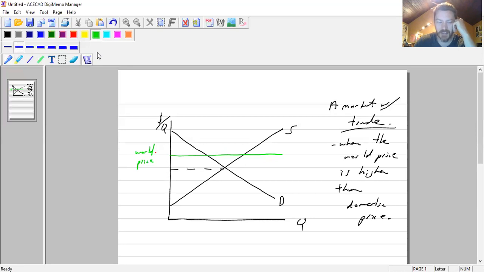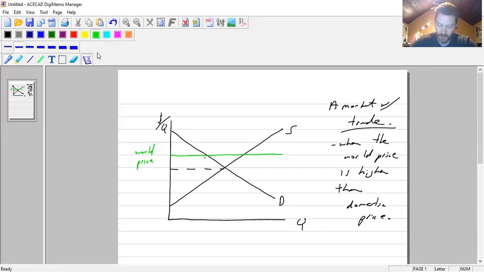But the way you think of it is, we're just going to take the world price as given. We're so small, we can't influence the world price. We just accept it. We can buy and sell as much as we want to at that world price. So in this case, this is the world price.